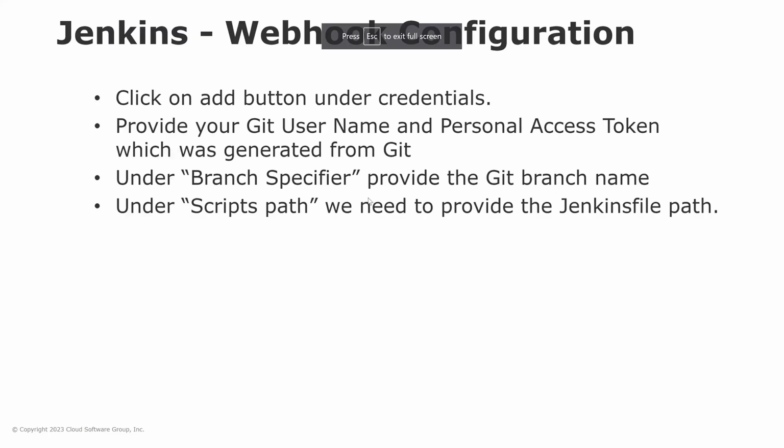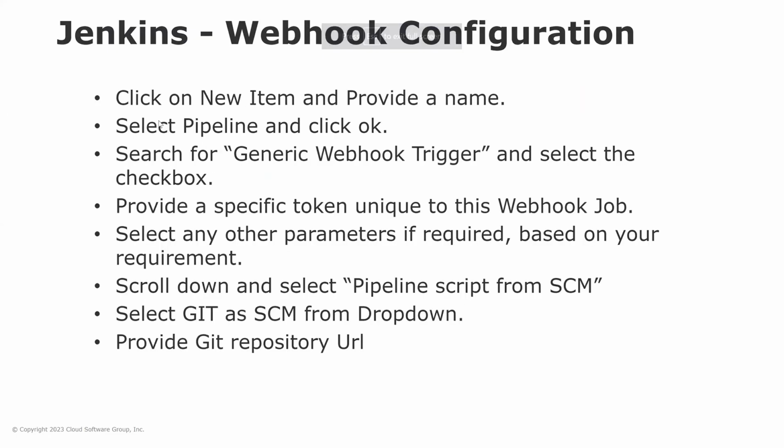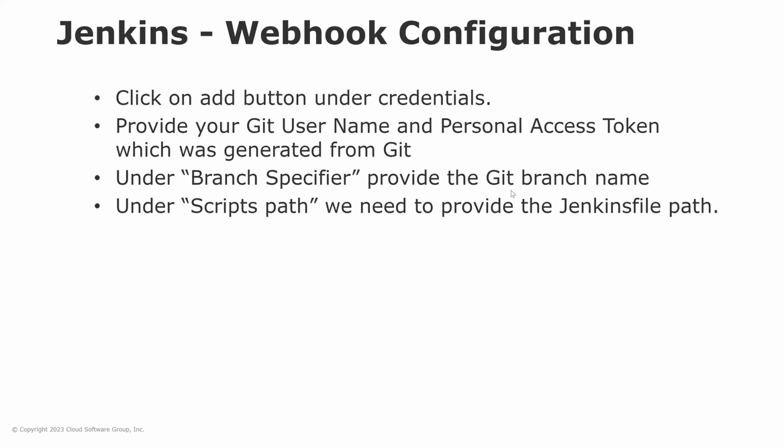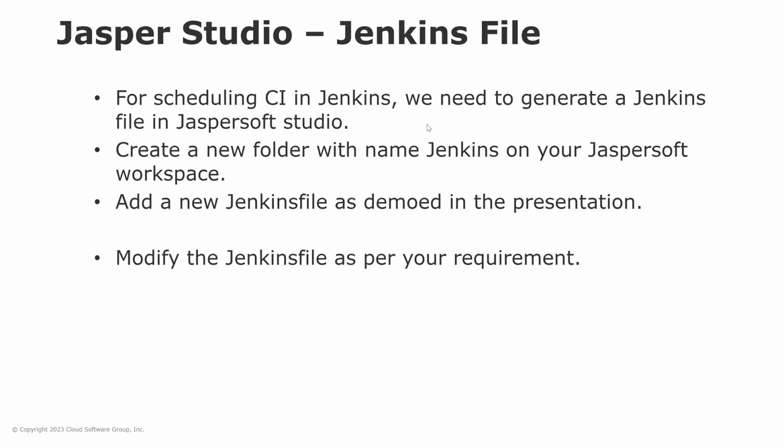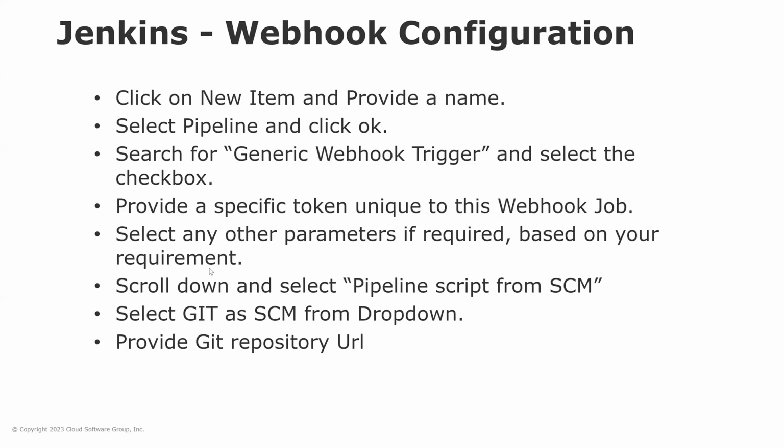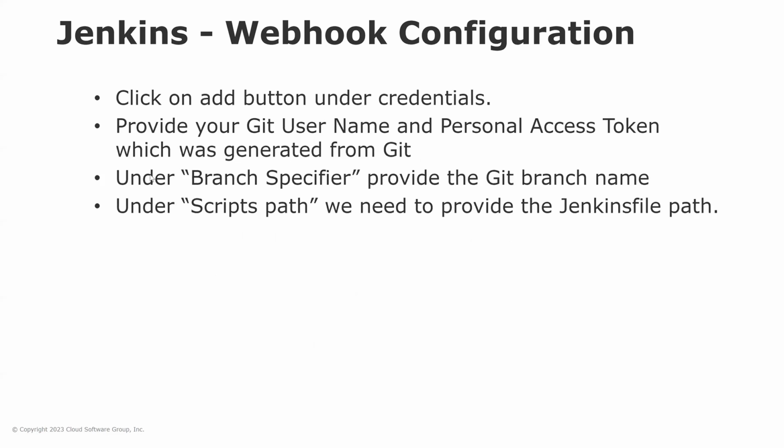I think I have already put all these details here, so we can go through this deck, this PPT, step by step, so that it should be easy for you to configure this.